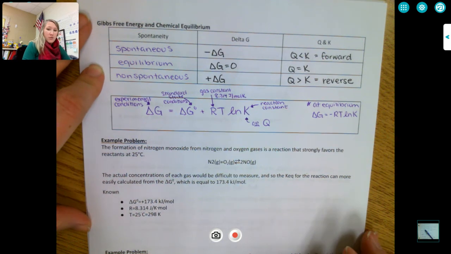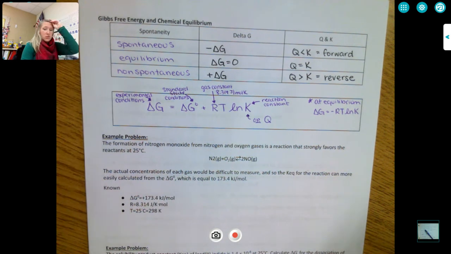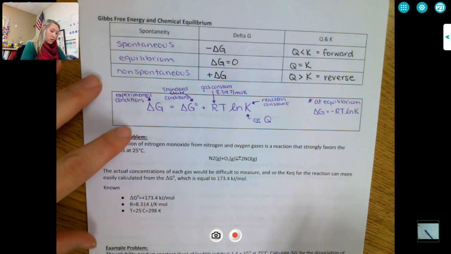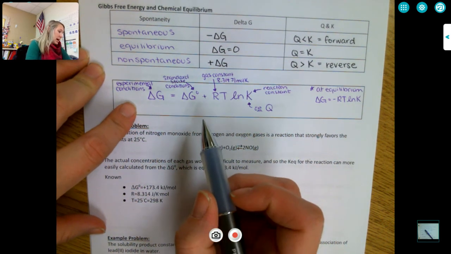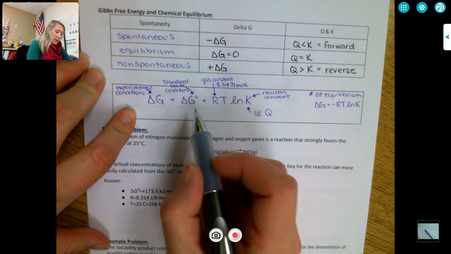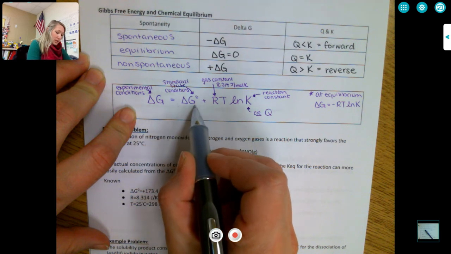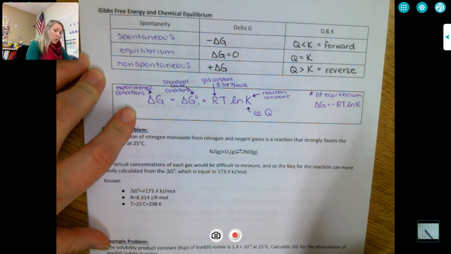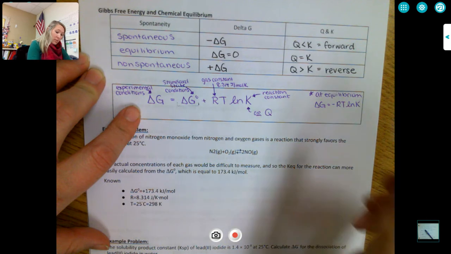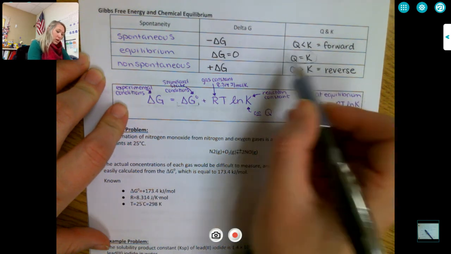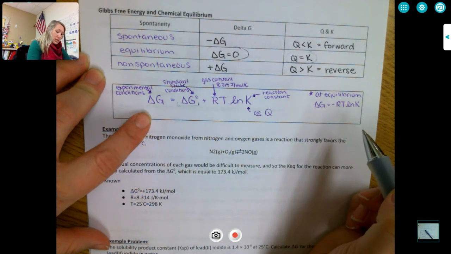Okay, so based off of that, we have another formula that we can use to look at delta G values. Because we're looking at standard state conditions, at equilibrium Q is K and delta G is 0.